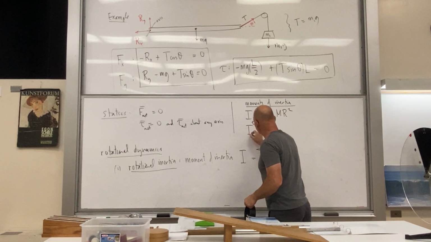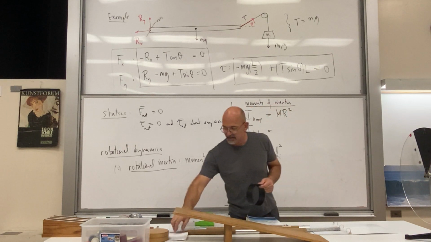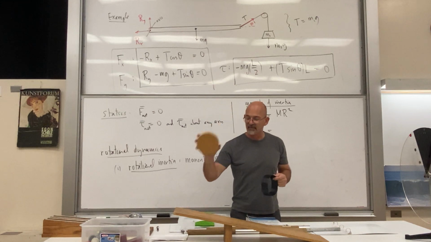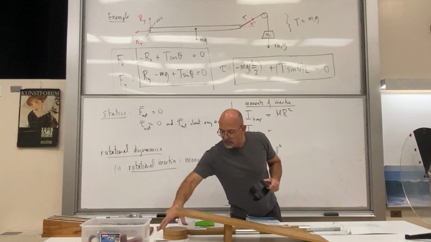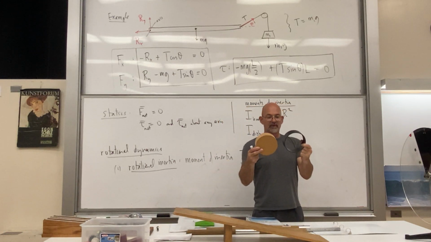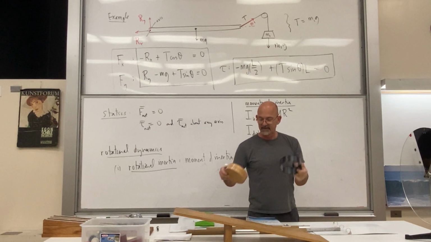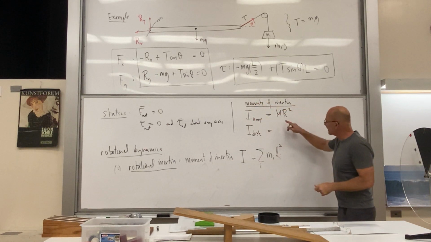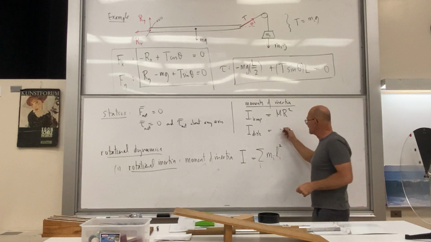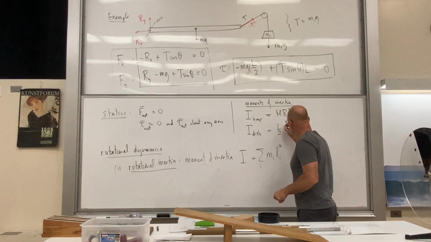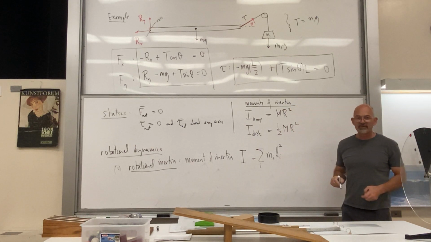On the other hand, the disk, which is filled in with a uniform mass, clearly has a smaller moment of inertia because all of the mass is not concentrated at the rim. It goes all the way from the outside to the center. So all of these r sub i squareds are not the entire R. So it's less, and it turns out a calculation that we don't have to do shows that it actually has 1/2 the moment of inertia.